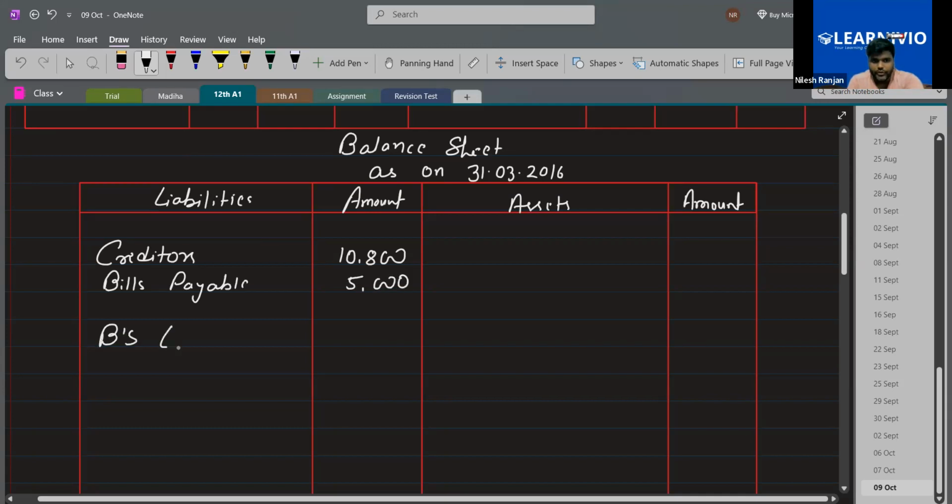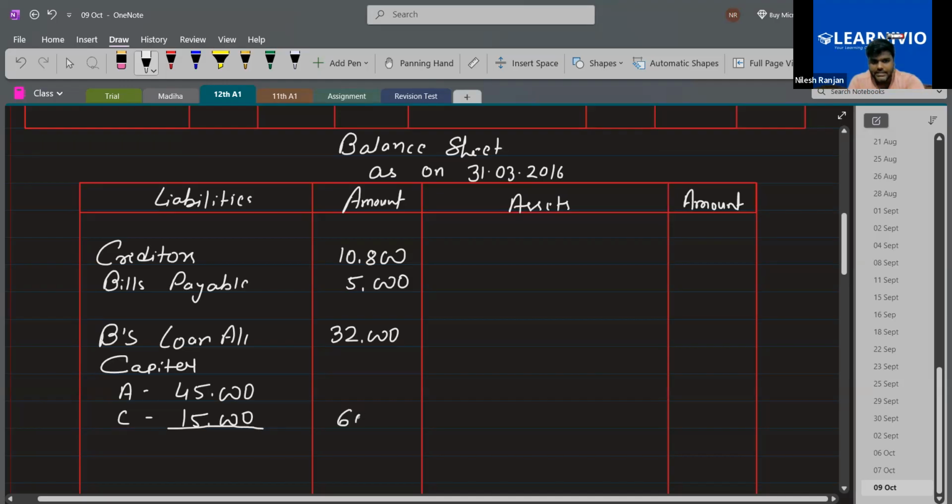B loan account, because the balance amount was transferred to B loan account, so 32,000, and then capital of A and C. So proportionate capital will be written here, 45,000 and 15,000. So total 60,000.